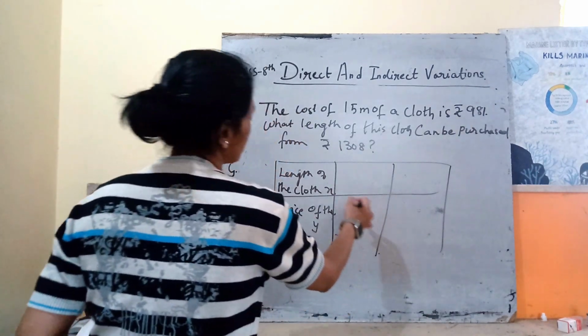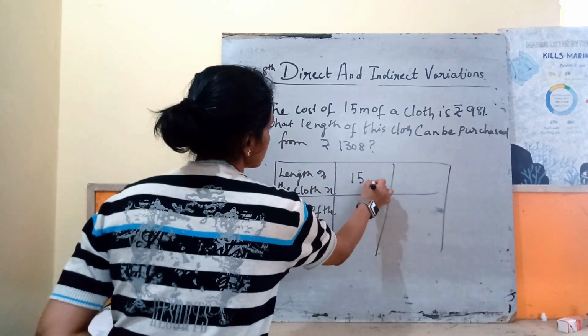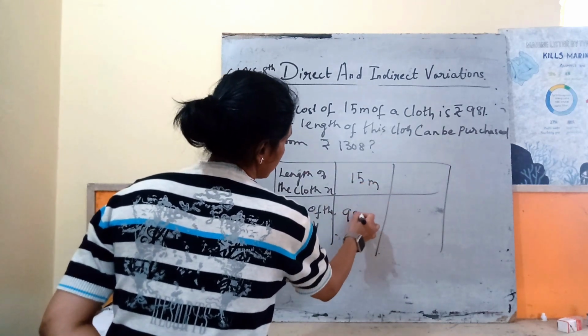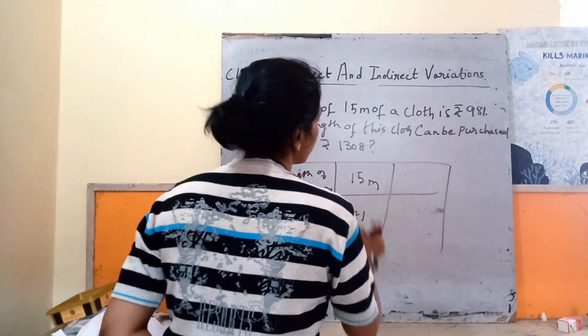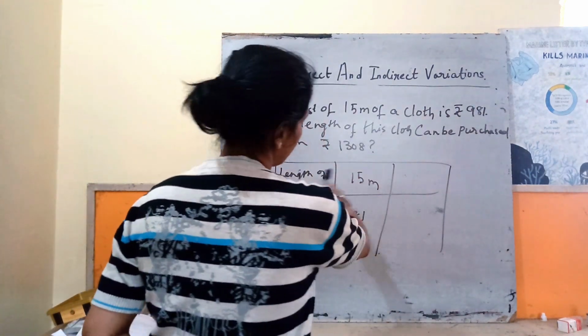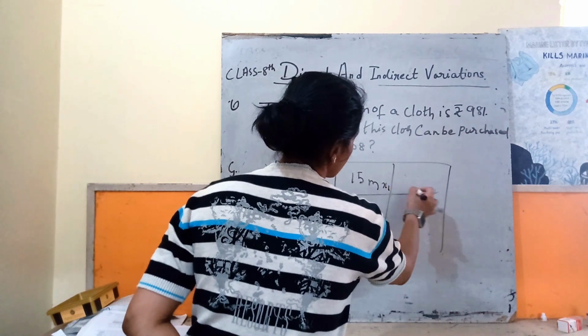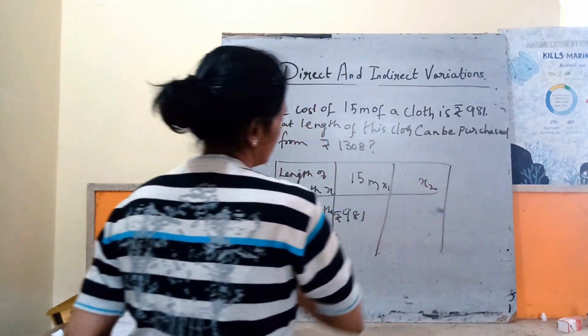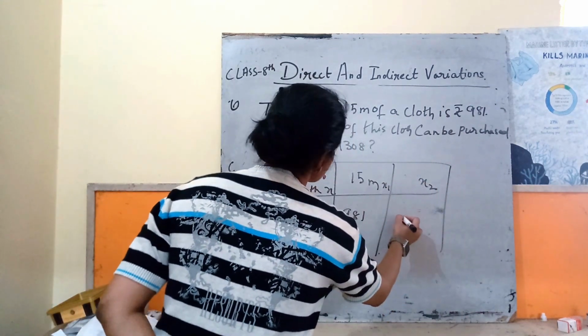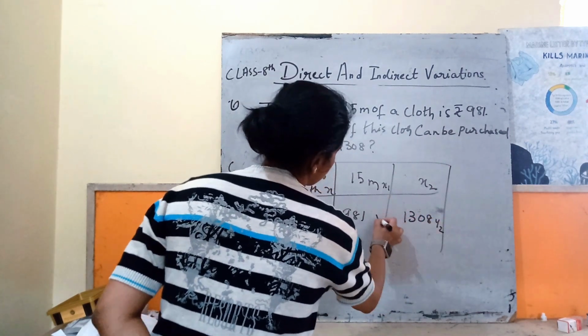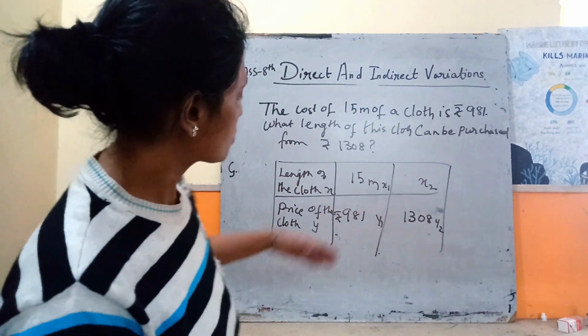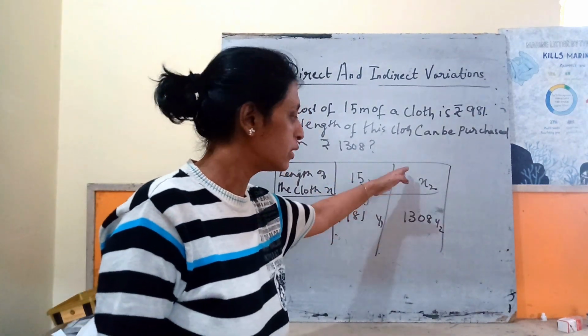When the length of the cloth was 15 meters, the price was 981 rupees. We have to find the length of the cloth, so we take it as x2, and the price is 1308, that is y2. So we have x1, y1, x2, y2.